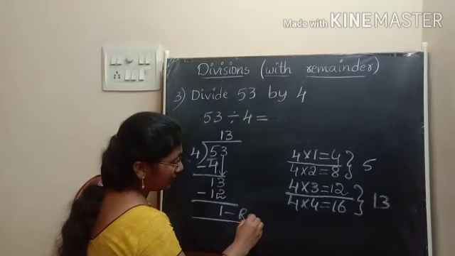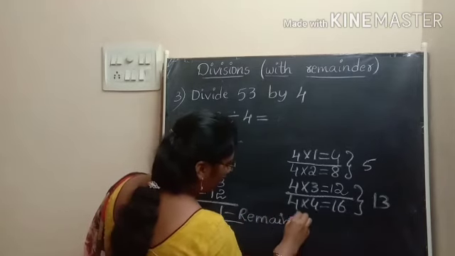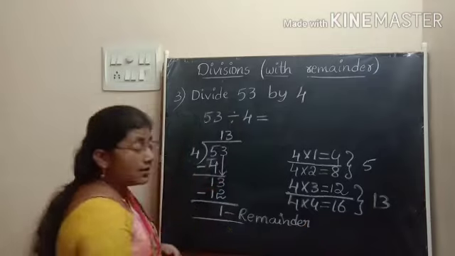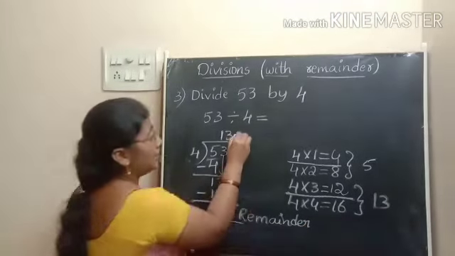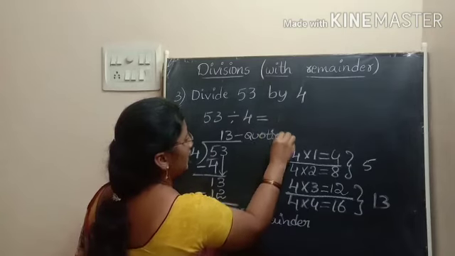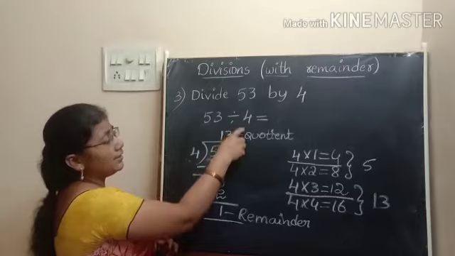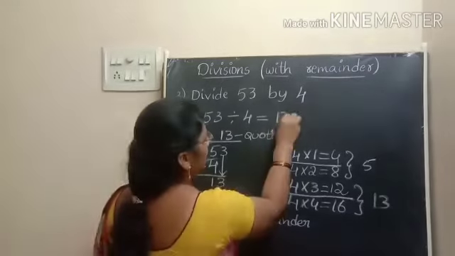We should consider this 1 as the remainder and 13 as the coefficient. So 53 divided by 4 is equal to 13.